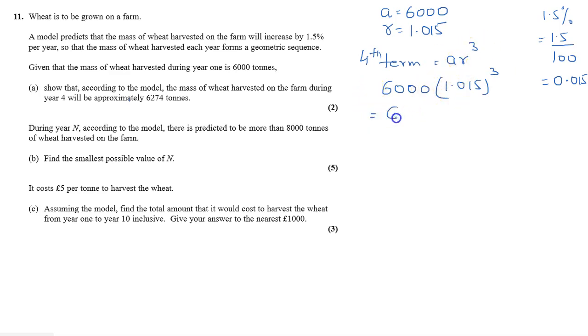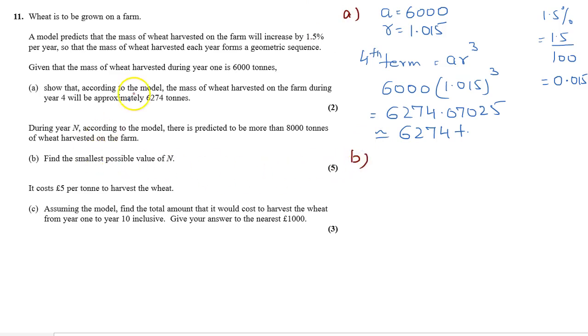So if you calculate, this will be 6274.07025. We have to approximate, so this is approximately 6274 tons. This is part A.